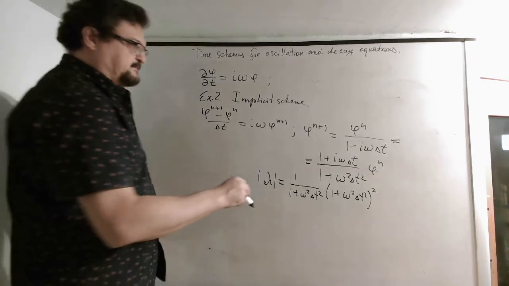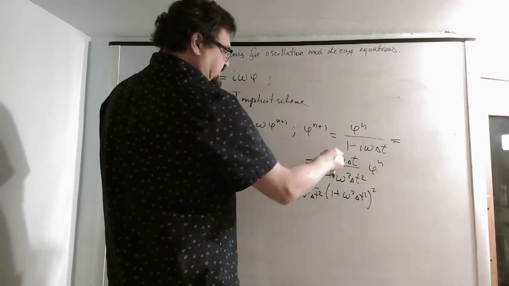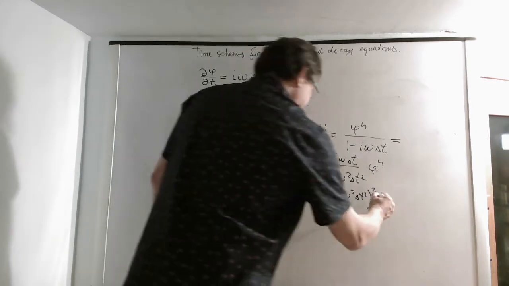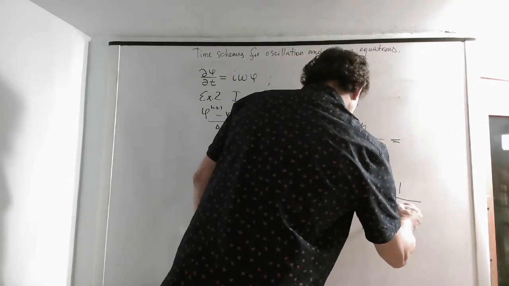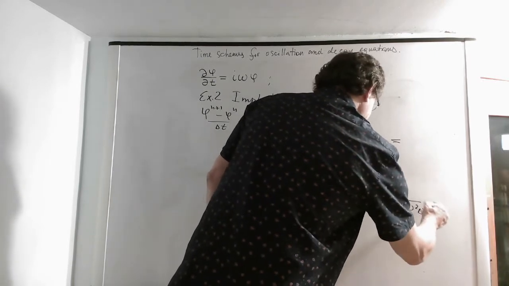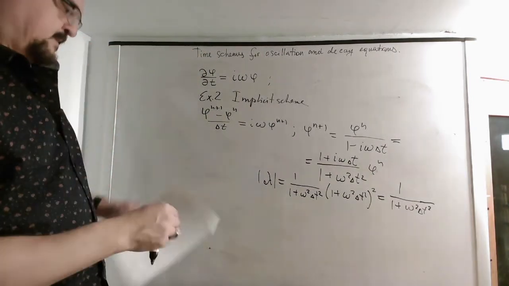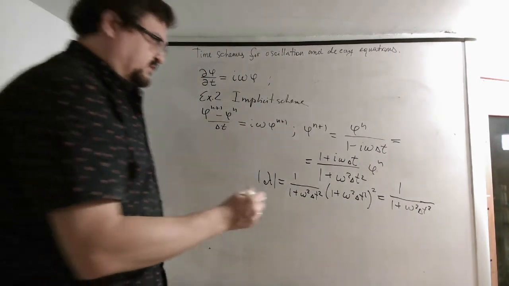So we find the square of the amplitude. So we divide by 1 and get 1 plus omega square delta t squared, and the square root of it.